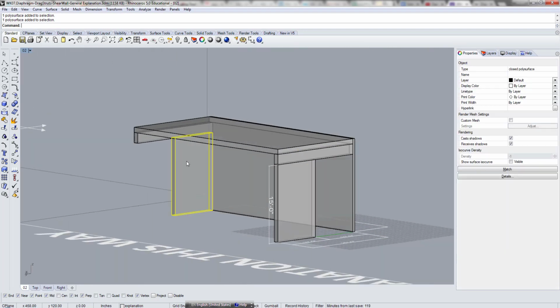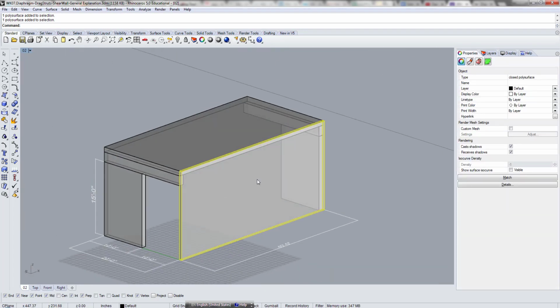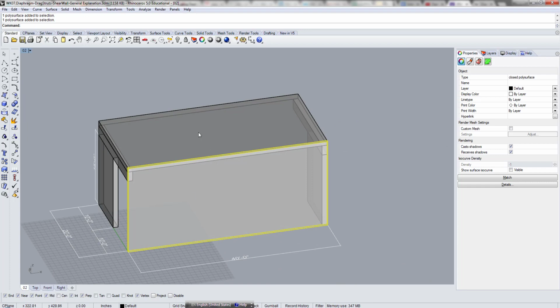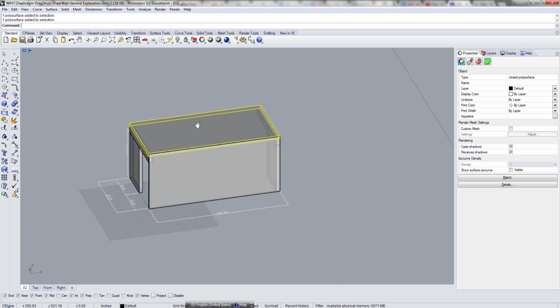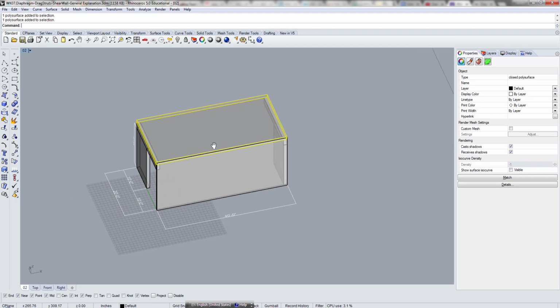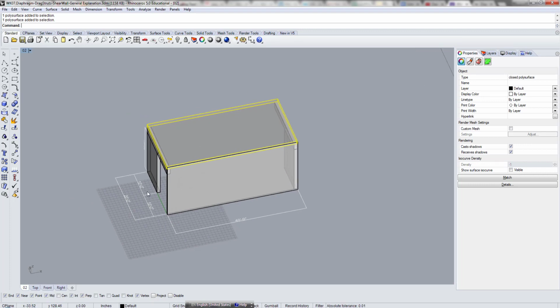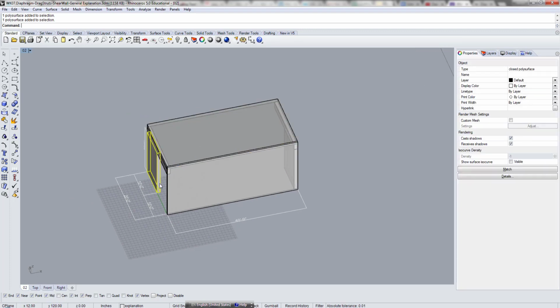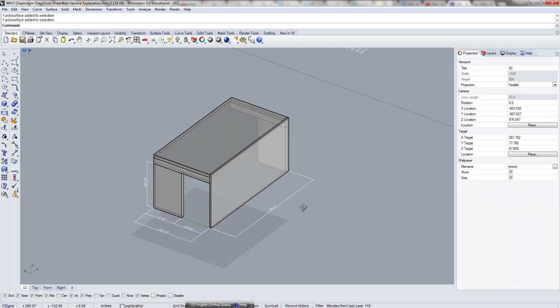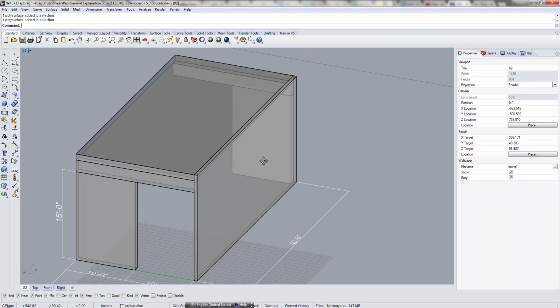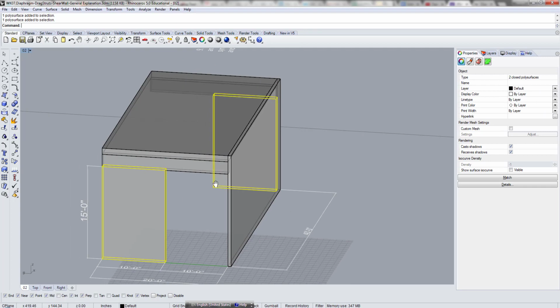So beam, shear wall, a wall. Let's imagine that's like a curtain wall, and that's a floor slab, and it's a flexible diaphragm.